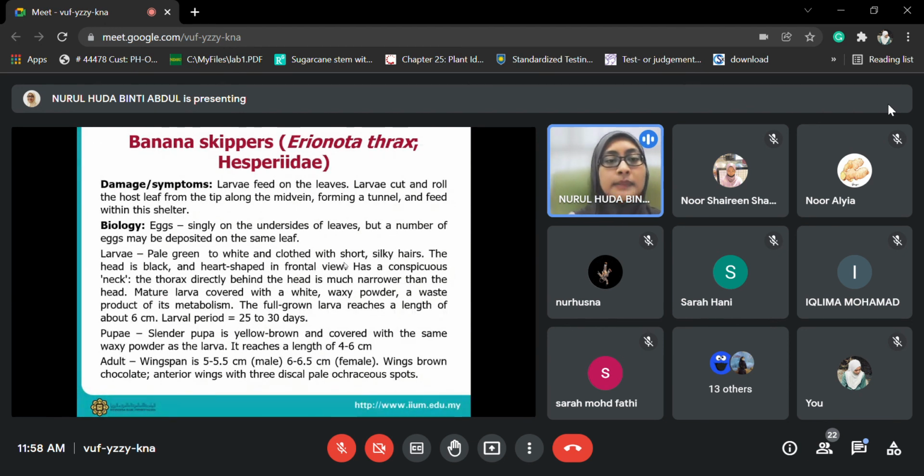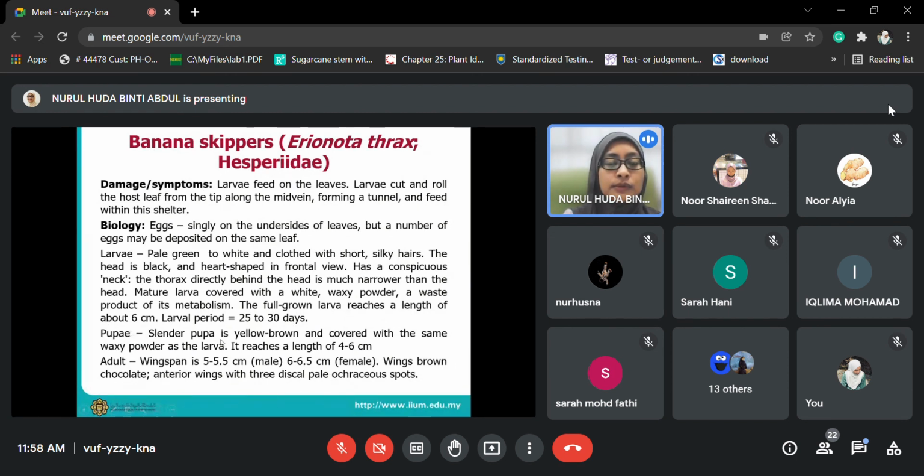So dia seolah-olah macam part thorax, so dia seolah-olah macam leher mengecil dekat part thorax. Later we will see juga. Mature larva covered with waxy powder, white waxy powder, and full grown around 6 mm. Okay, period of larvae up to 30 days, 1 month.